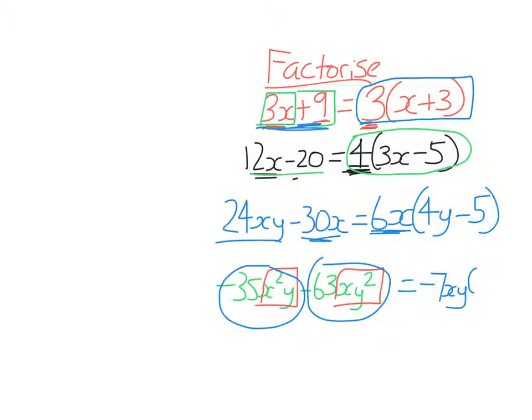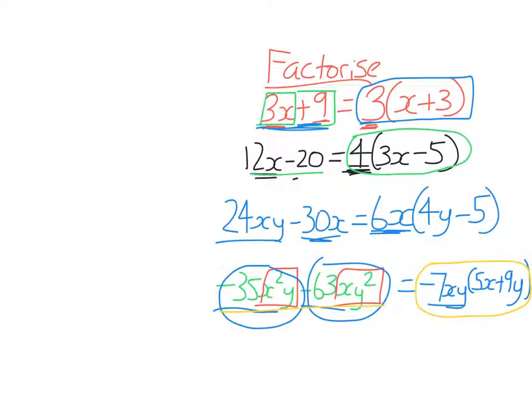So what do I times by negative 7xy to get this? Well, I need to times by 5 to get to negative 35 and x to get the x squared. What do I times by negative 7xy to get this? I need to times by positive 9 to get to negative 63, and I need to times by another y to get the y squared. We are done. Once again, if you expand this using the distributive law, you get this.